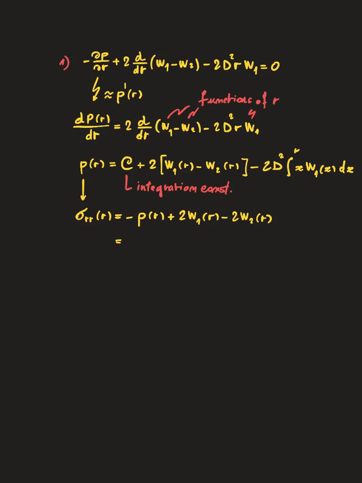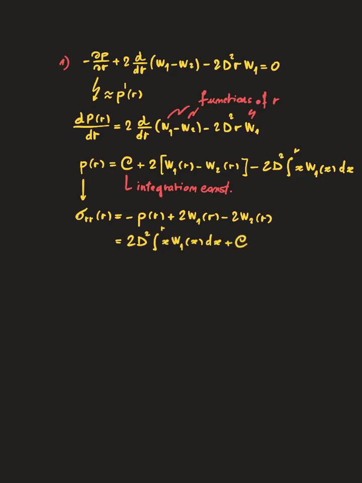You see, so when I bring P on the other side, I get that this minus P plus this term is equal to, well, there will be this term go on the other side, and then there is the integration constant. So essentially, this reduces to 2d squared, the integral evaluated in R of x W1 of x dx, plus the constant of integration.